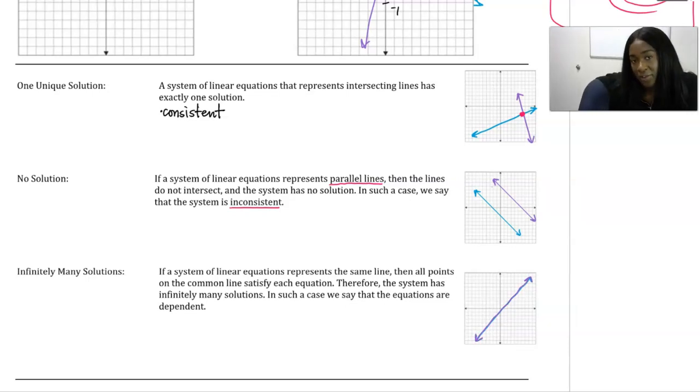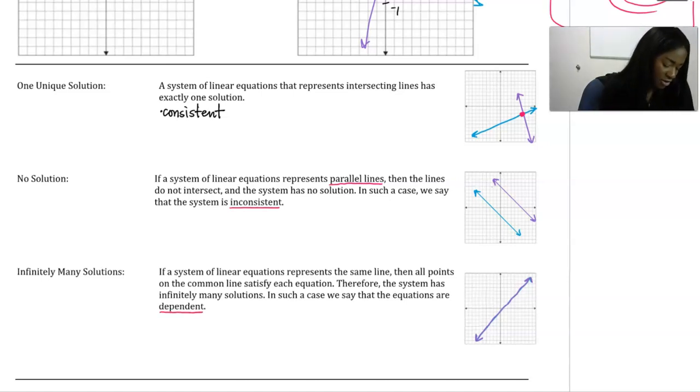Remember, when I started this video, I said what we're looking for when we solve these systems is where these lines intersect. If they are the same line, then they intersect at every single point on the line. So they have infinitely many solutions. If we're dealing with a situation like this, we say that that system is dependent.